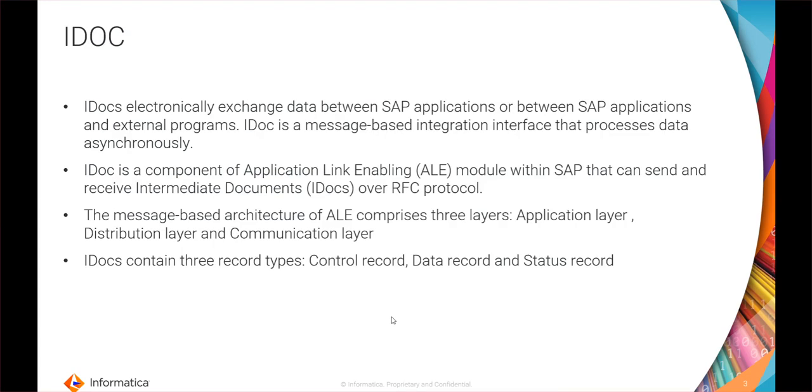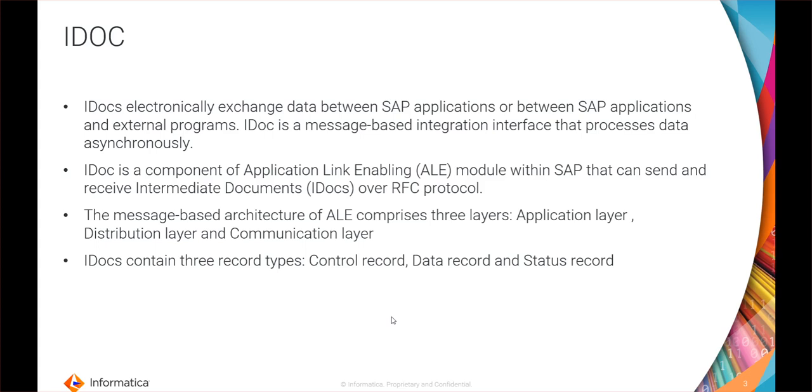So IDOCs are electronically exchanged data between SAP applications or between an SAP application and external programs. This is nothing but an intermediate document which is used to transfer data from an SAP system or to an SAP system. It mainly contains 3 record types: control record, data record, and status record.